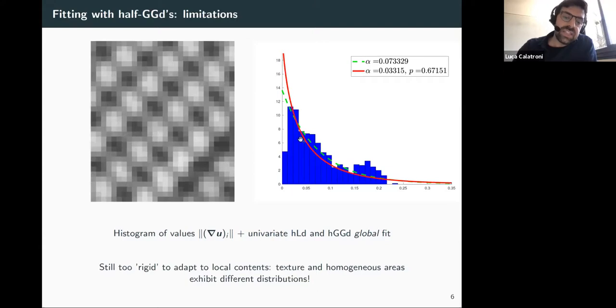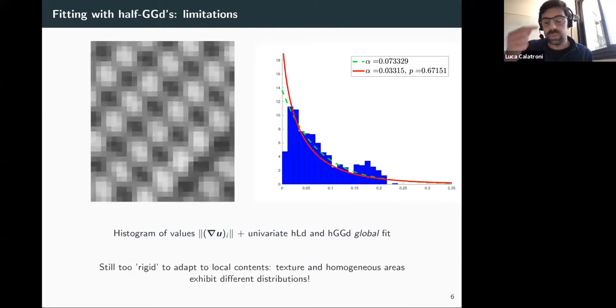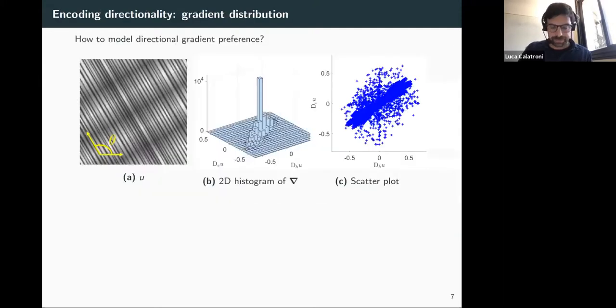We see that the fit then becomes very bad. That's due to the fact that there are quite many points having large values of gradients. So this fit seems to work quite well at a global scale, but when we look closely at how to model local features, that doesn't seem to be a good choice.